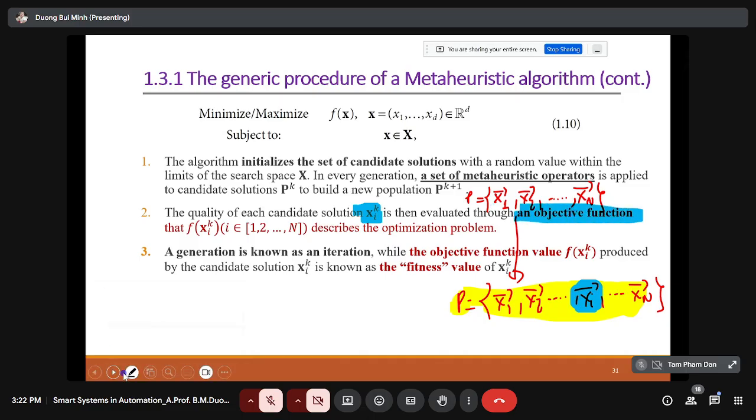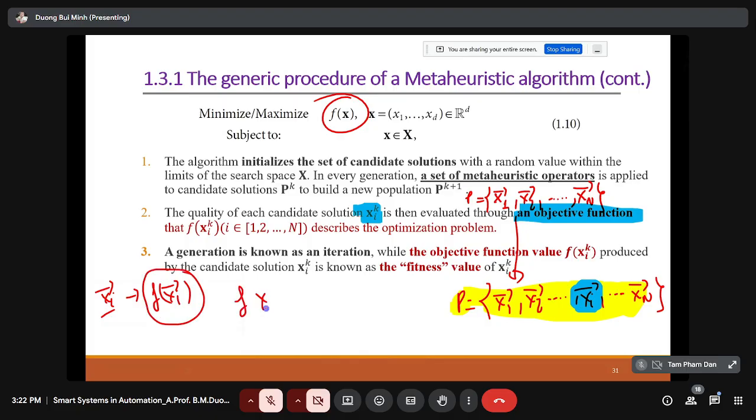If I randomly pick xi, I can calculate its value, because we know x and we know the objective function. So if we know xi, we can calculate the function value f(xi).